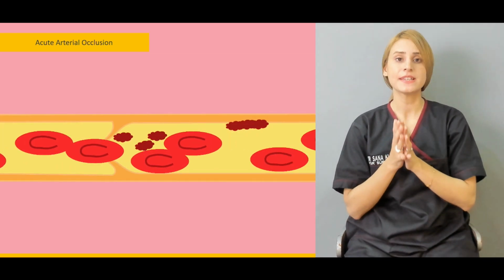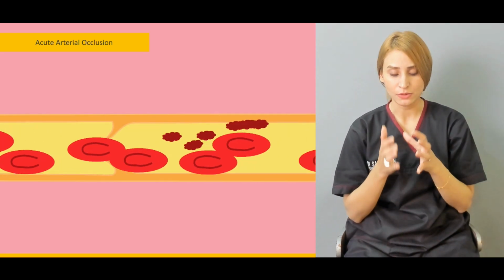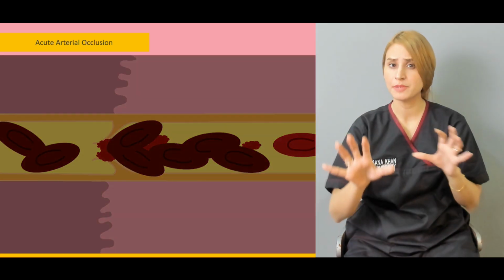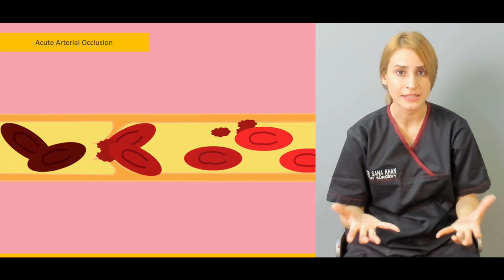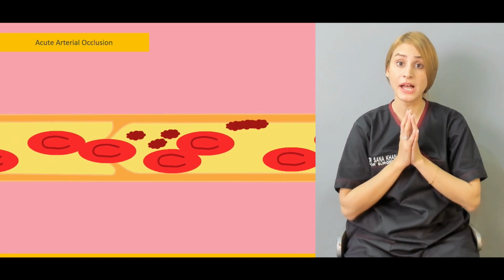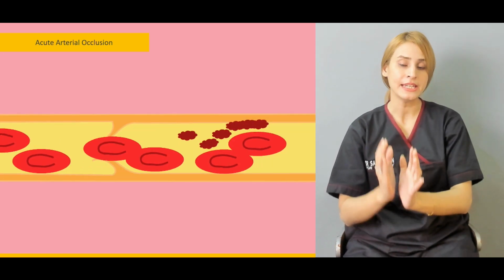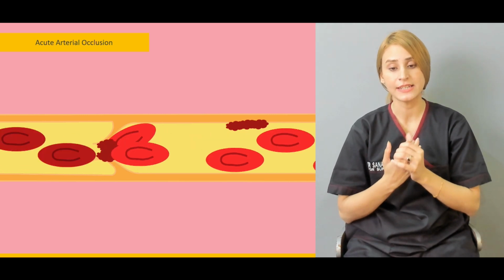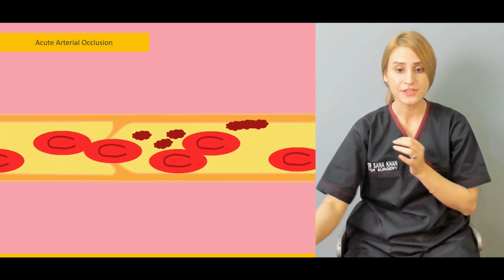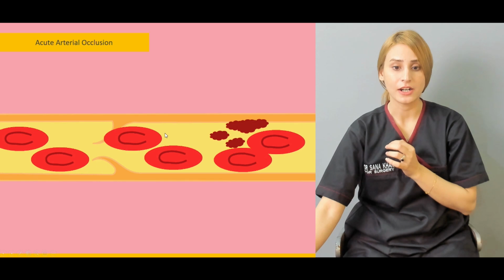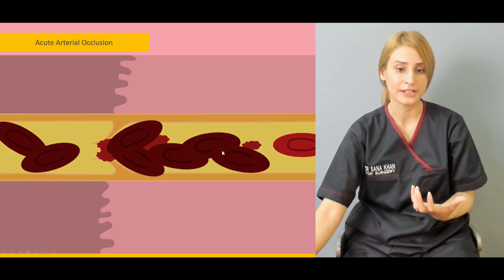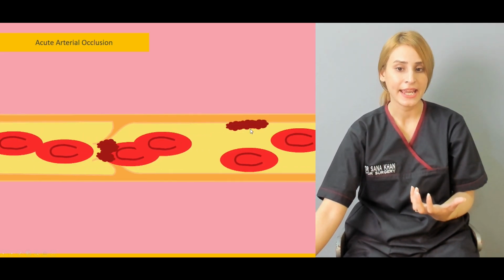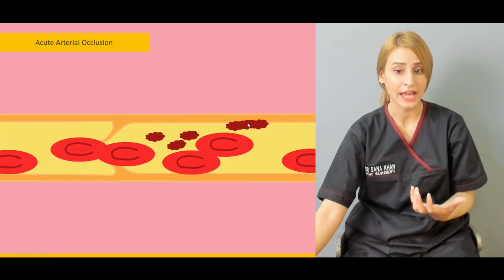So in case of acute arterial occlusion, the background behind all this is obviously the formation of the atherosclerotic plaque, and ultimately these atherosclerotic plaques develop the thrombi. You can see here these are the RBCs, and there are different kinds of atheromas, right?